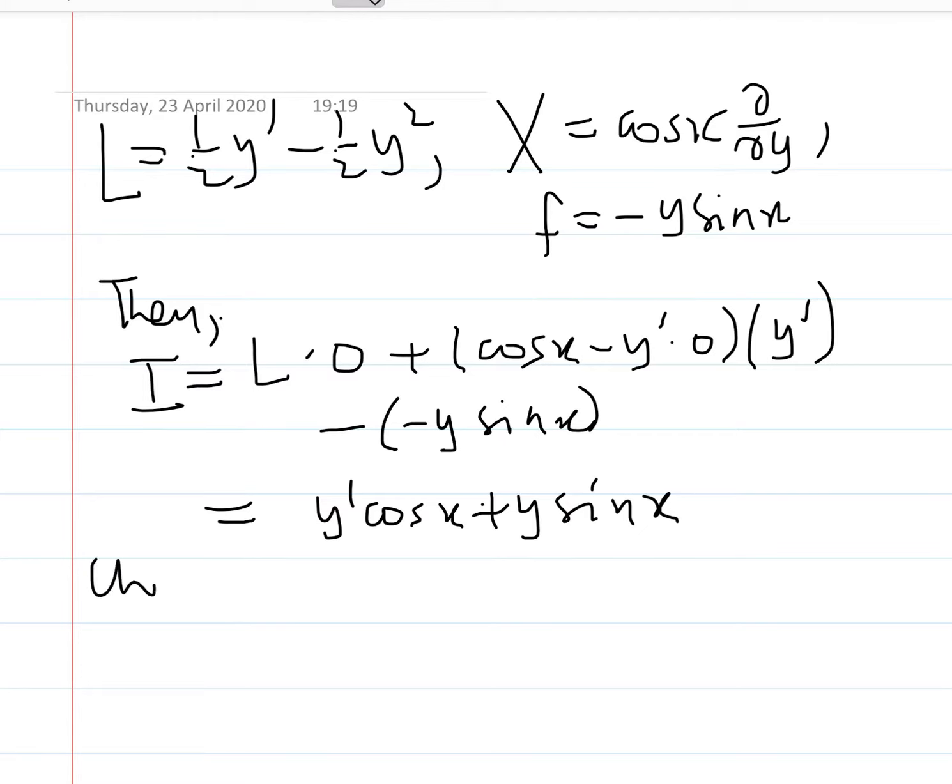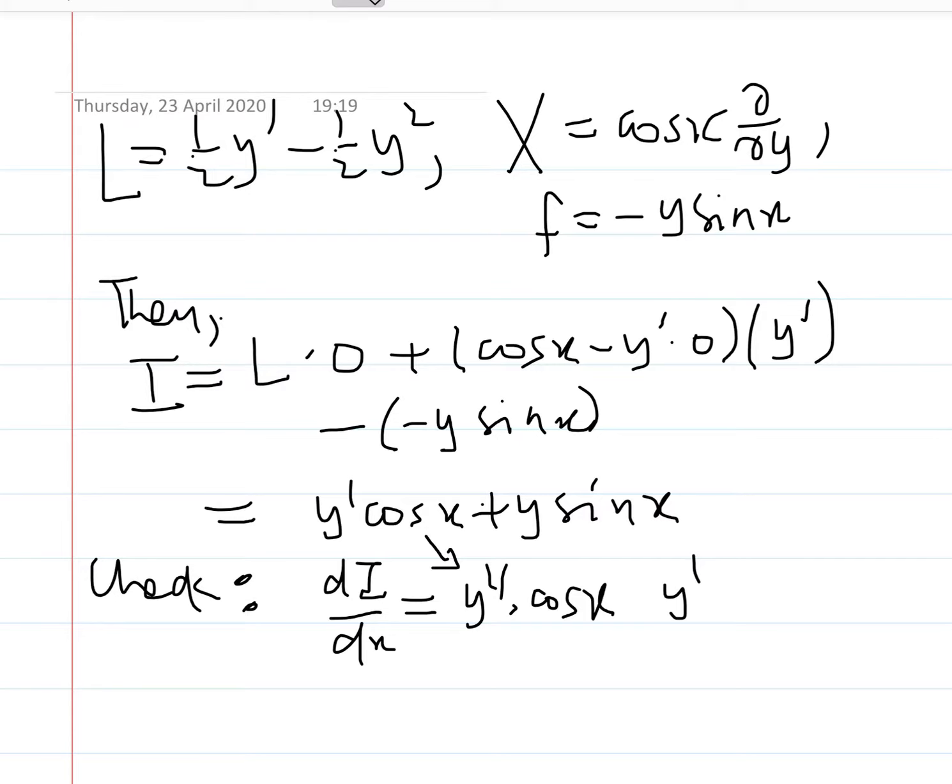If we do a check on this, the total derivative of I with respect to x should give us the equation y double dash plus y, which is the left hand side of the equation, times some factor. So let's do this total derivative of that function I. If you differentiate y dashed, you get y double dashed times cos x, and then if you leave the y dash as it is, you differentiate cos x, you get minus y dash sine x.